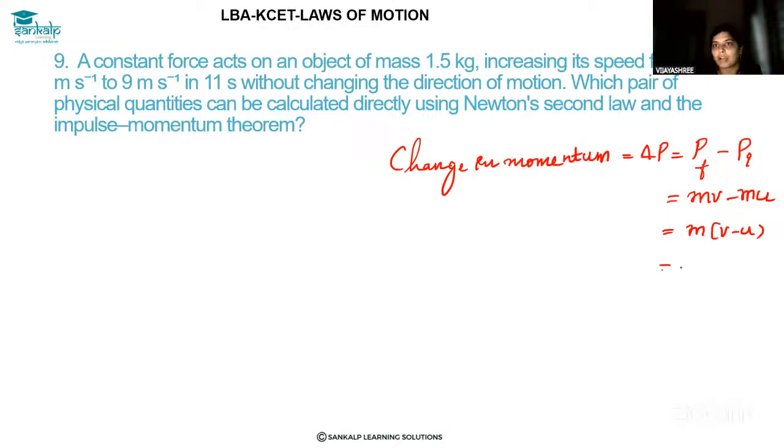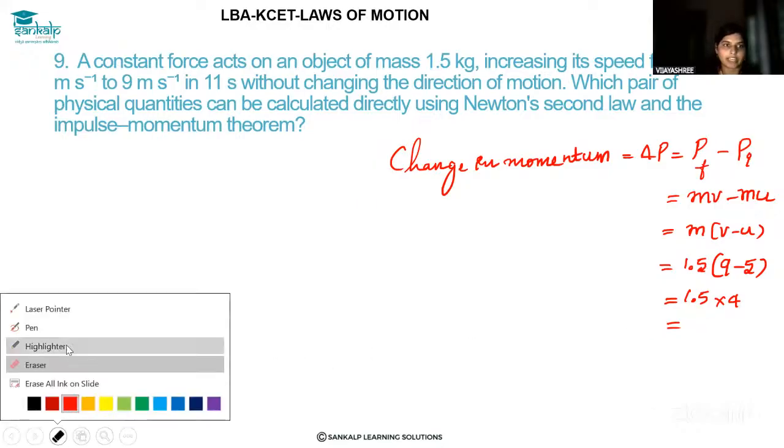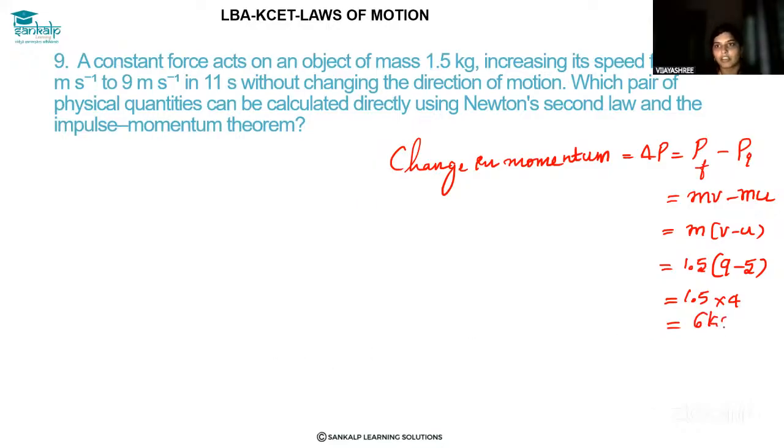Mass is 1.5 kg, final velocity is 9 meter per second, initial velocity is 5 meter per second, which is equal to 1.5 into 4, which is equal to 6 kg meter per second. Sorry, not second square. 6 kg meter per second is the answer.